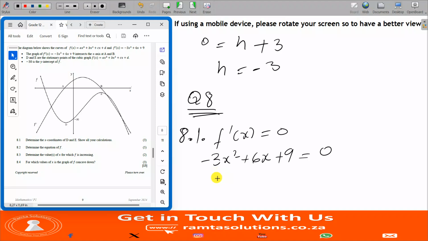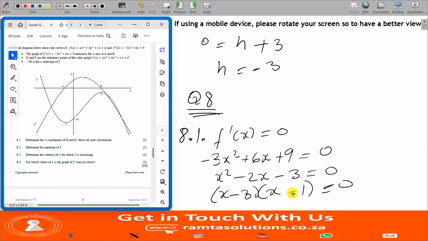We can divide throughout by -3. This is x squared minus 2x minus 3 is equal to 0. So now we can factorize nicely: (x minus 3)(x plus 1) is equal to 0. So x equals 3 or x equals -1.